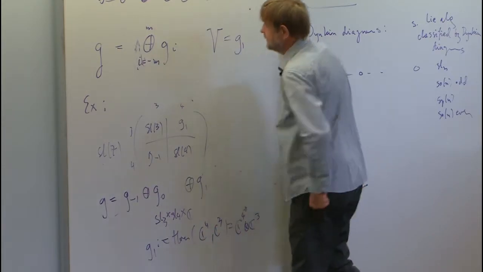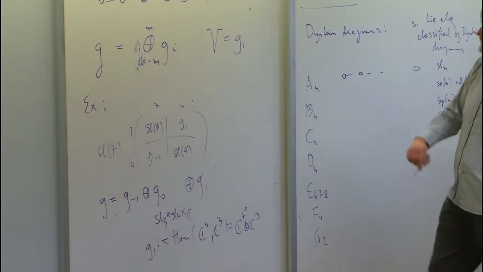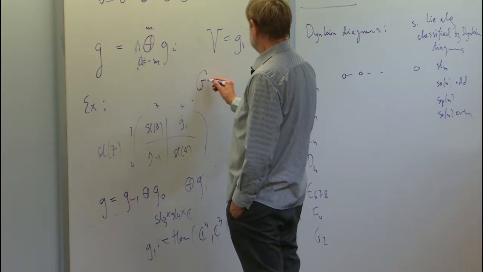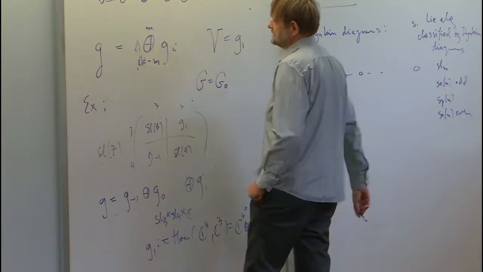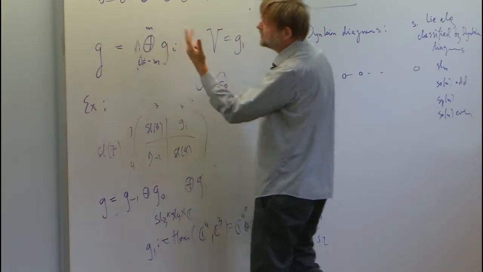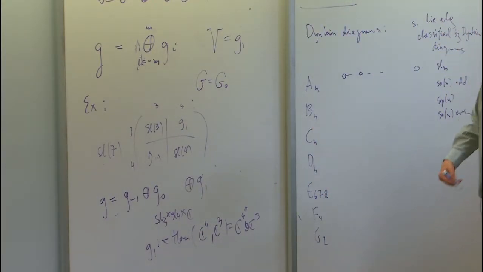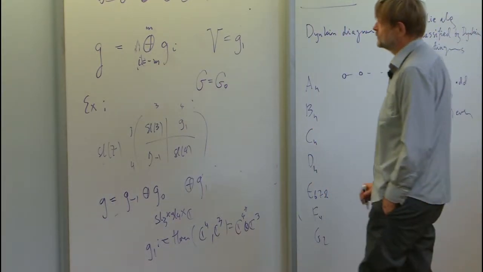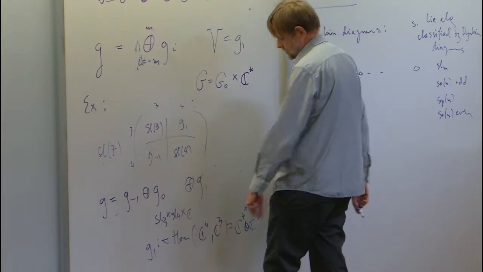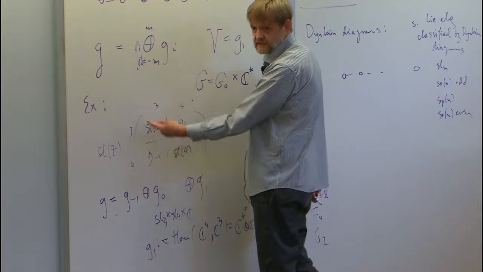So this is the simplest example. I should tell you what the group is. The group G will be the group G0, which corresponds to the smaller root system, where one has to take the adjoint group because there are choices as to which group you take. And then there's one copy of C star which corresponds to the diagonal element that we left out.